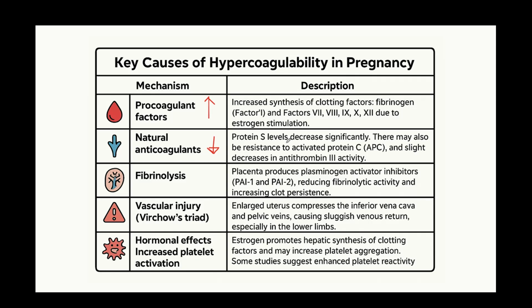And vascular injuries, for example, the enlarged uterus compresses the inferior vena cava and pelvic veins, causing sluggish venous return, especially in the lower limb. Also, the hormonal effect increases platelet activation.